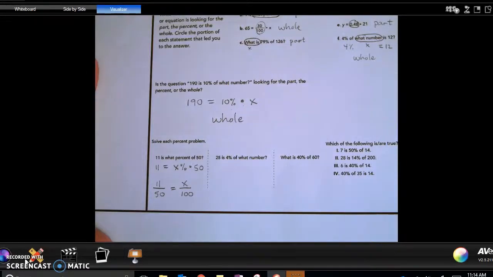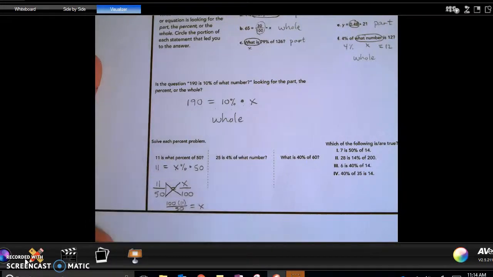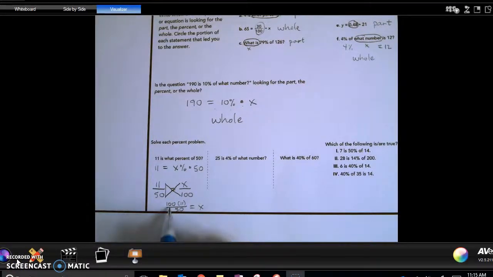So now I can use cross products, or if I want to use my fishtail, I can say 100 times 11 divided by 50 equals x. And I will have my answer. So when I take 100 times 11, I get 1100 divided by 50 equals 22. So that means 11 is 22% of 50.